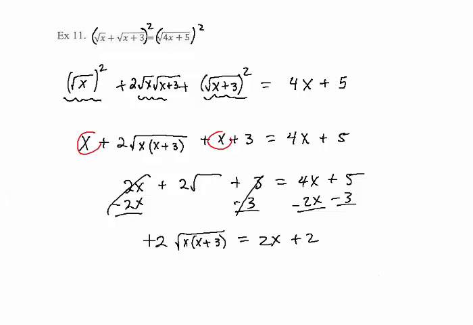And if you'll notice, this 2 is multiplying the radical, and we kind of want to divide. If you look at the right-hand side, you can see that there's a 2 in each term. So this 2 will cancel out completely. Dividing by 2 will not leave us with a fraction here, so I'll just go ahead and divide. Here we just simply have the radical part, and x plus 1.